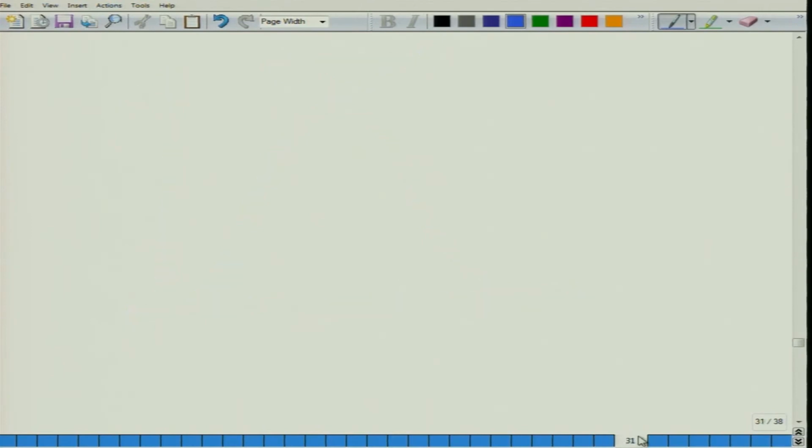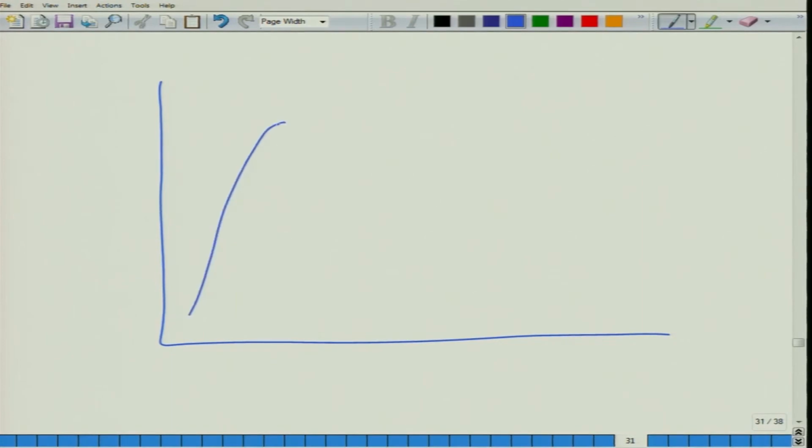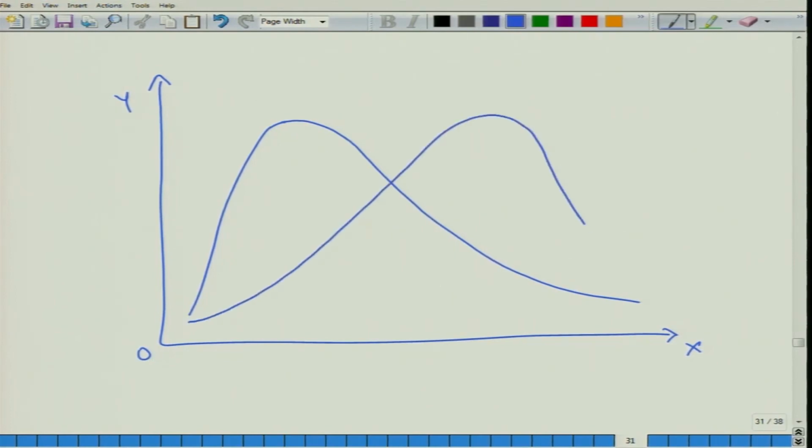However, if a distribution is skewed to one side, something like this, then we will have the mean pulled to one side, but median and mode will remain the same. So in this case, mean is not used. Similarly, we could have a distribution with a skew on the other side. So in a skewed distribution, it is always preferable to use a median or a mode in place of a mean.